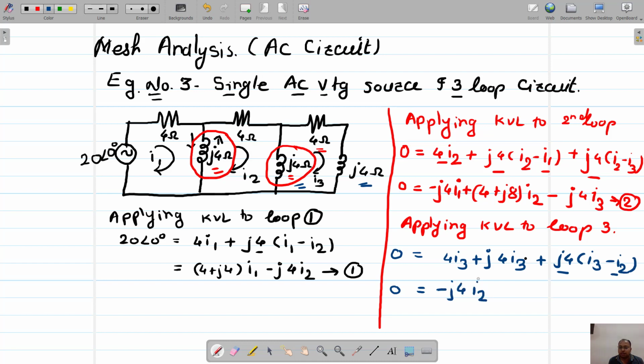Now let us add all the terms related to I3: 4 plus J4 and plus J4, so it becomes 4 plus J8 into I3. This is your equation number 3. Very good.